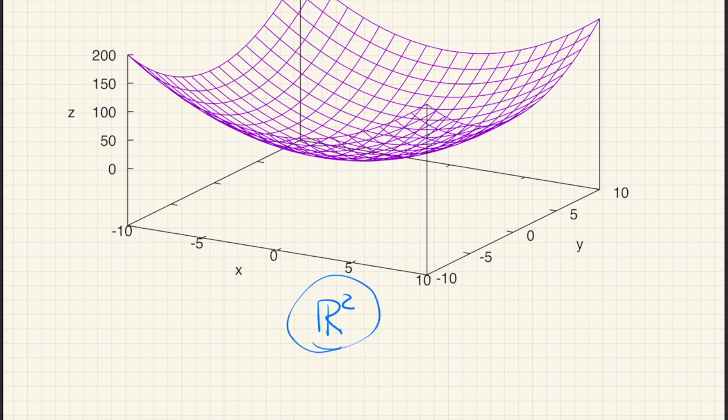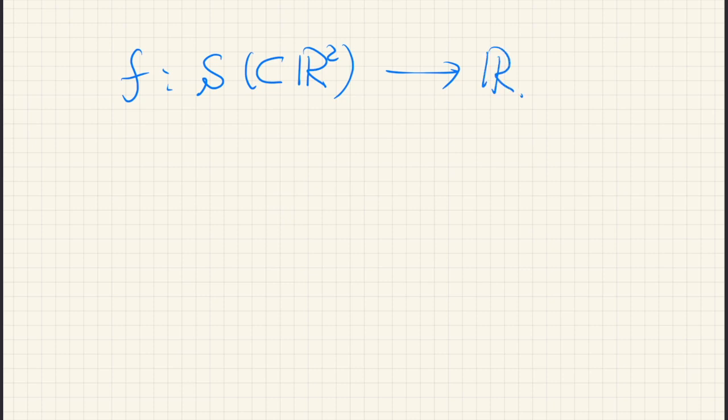But in general, we might want to limit the domain to some subset, let's say S, of the entire plane. Suppose f is a function from S, where S is a subset of two-dimensional Euclidean space, to real numbers.